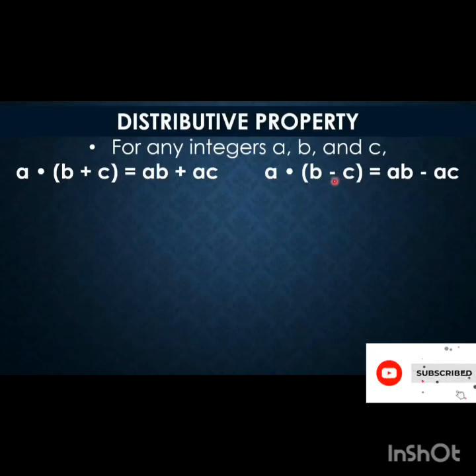By checking, replacing the numbers: negative 6 times 5 is negative 30, minus negative 6 times 3, which is negative 18.